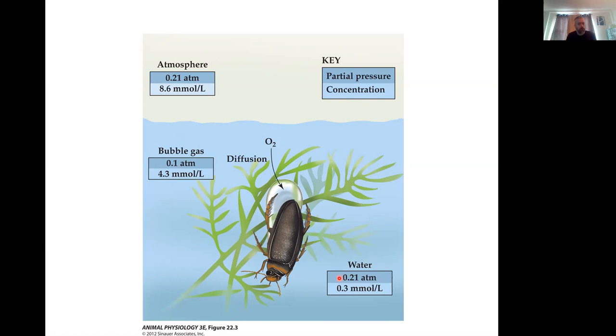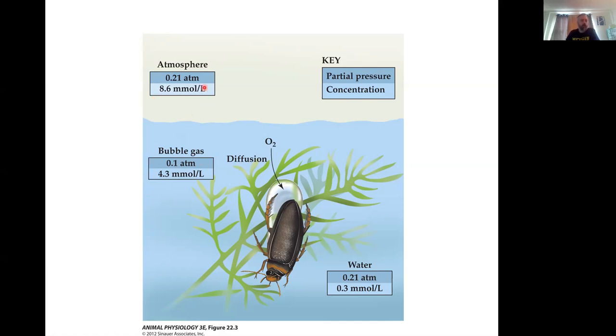Where this comes into play for our beetle is that it brings this atmospheric air and uses up some of the oxygen, and as it uses this oxygen, it decreases its partial pressure. If we look at the gas inside this little bubble, if our beetle uses half of the available oxygen, we go to a concentration of 4.3 millimoles instead of 8.6.